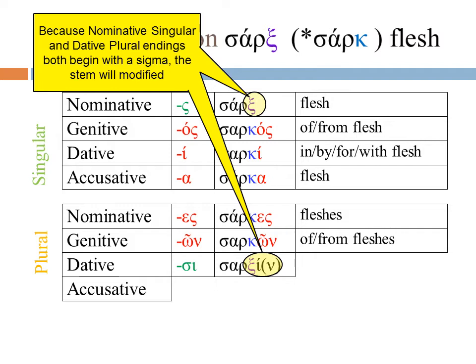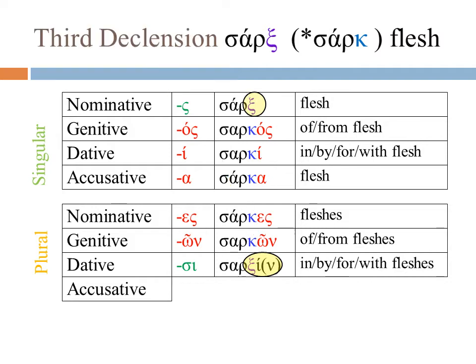In this case, the kappa sigma, the same thing that happens in the nominative singular, will happen in the dative plural. In, by, for fleshes, and this is also the indirect object.